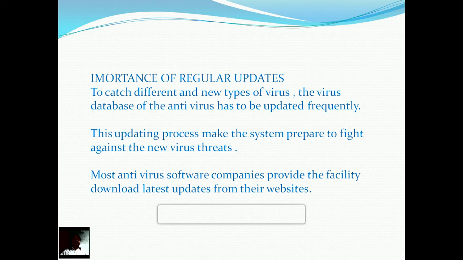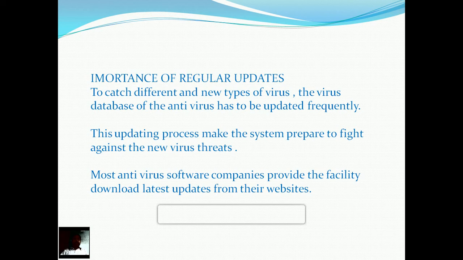This updating process prepares the system to fight against new virus threats. Even if we are not updating the system, it will find the old viruses whose definitions are available.